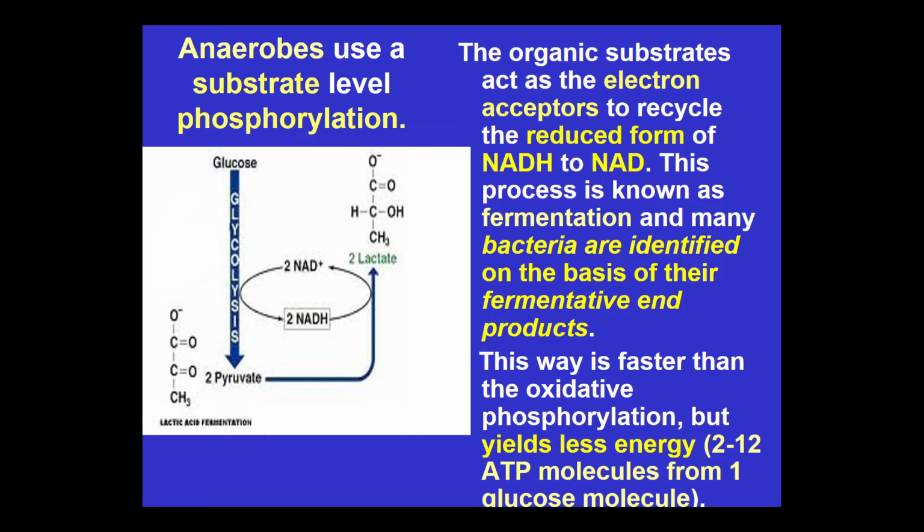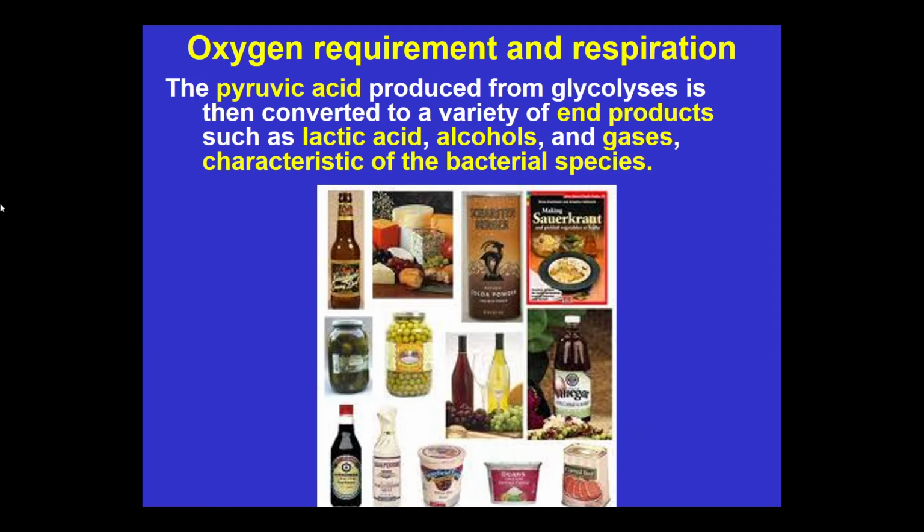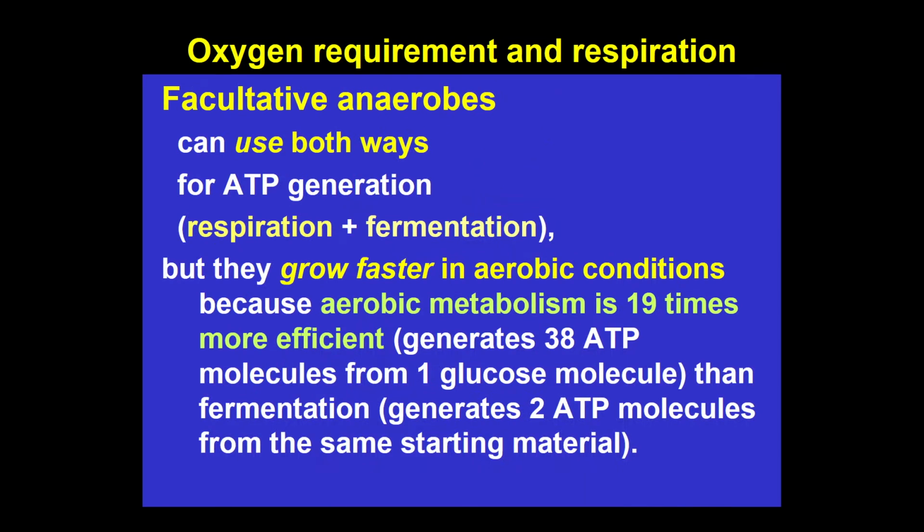Of course, this way of anaerobic substrate level phosphorylation is much faster than aerobic respiration, but it yields less energy from one molecule of glucose. Sometimes it may give us a lot of useful products, such as lactic acid, alcohols, and gases, but they are characteristic of the bacterial species.